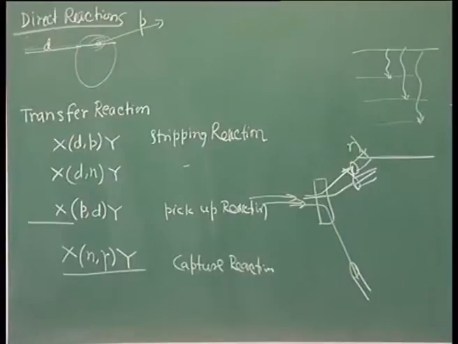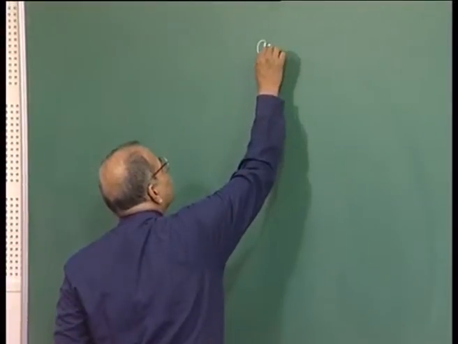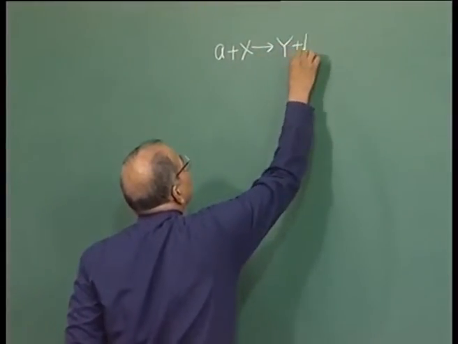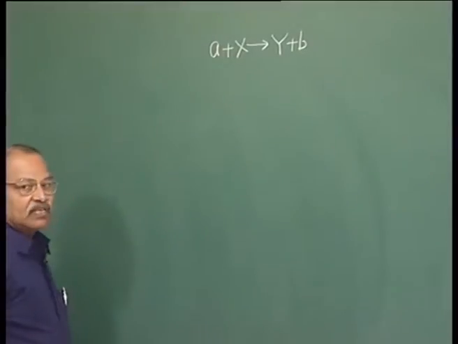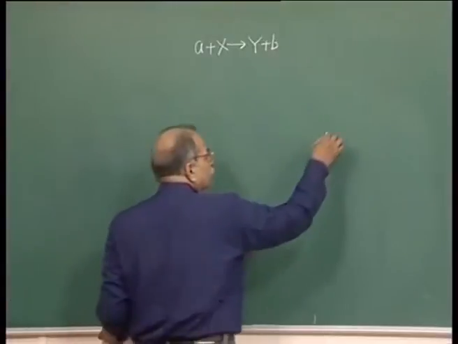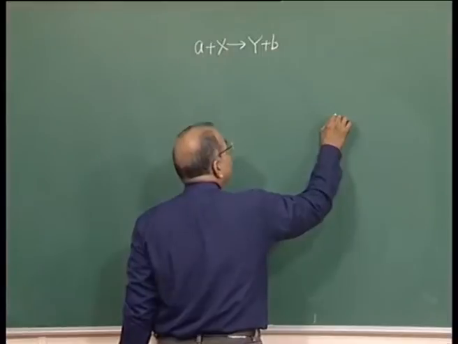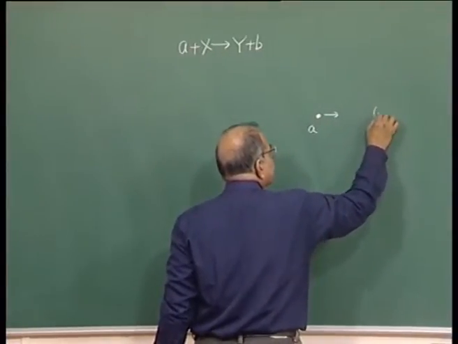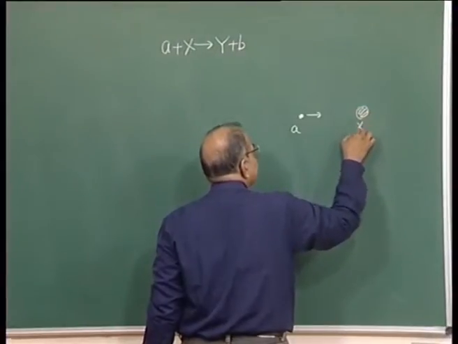One is energy considerations. So, if you have the reaction A plus X going to Y plus B, if I talk in the lab frame, this is the particle A which is going in this direction, and the target X is at rest.